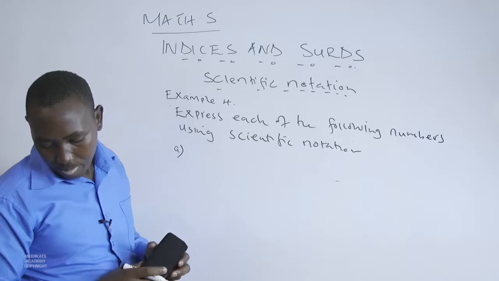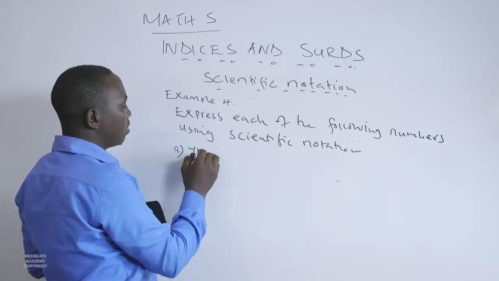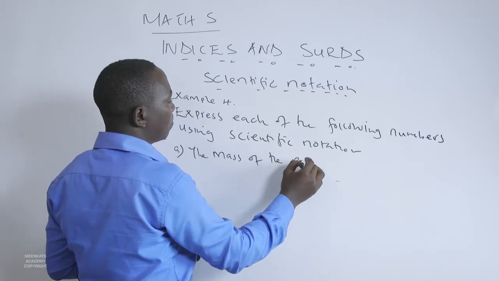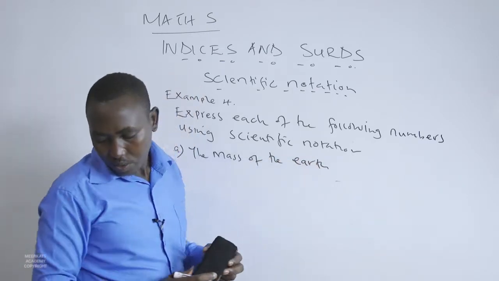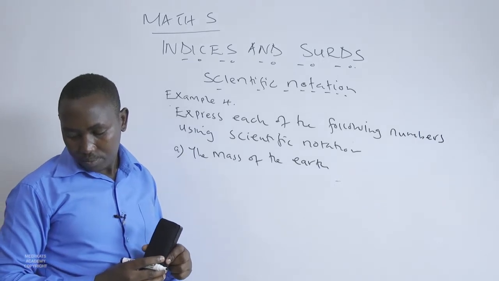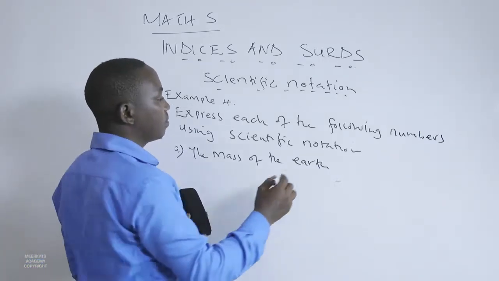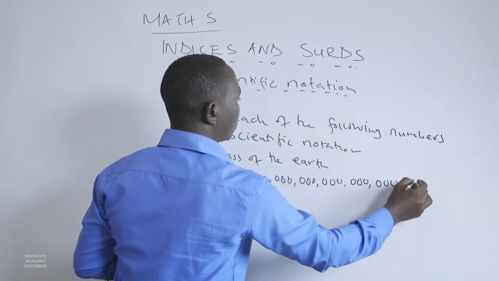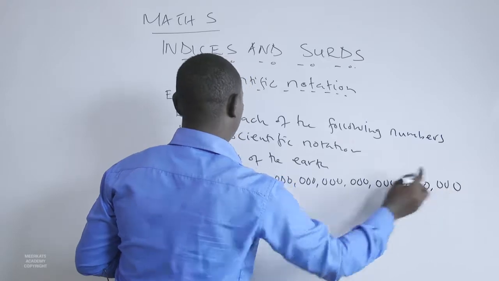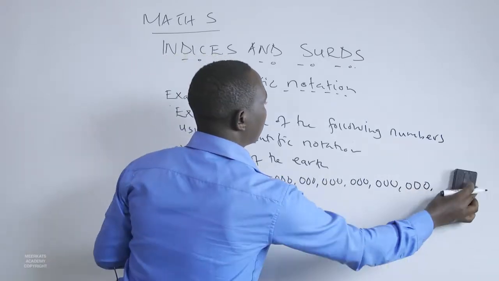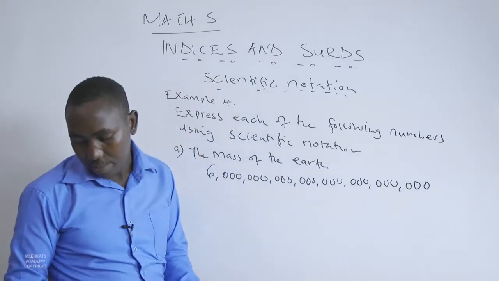Number A, mass of the earth, which is 6 followed by many zeros, in kg.